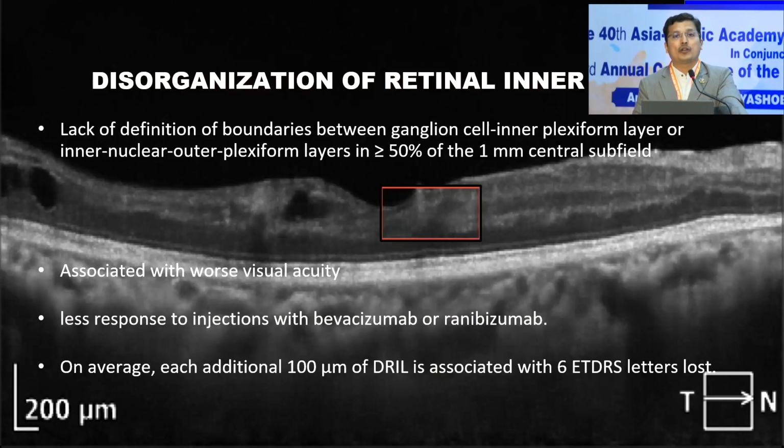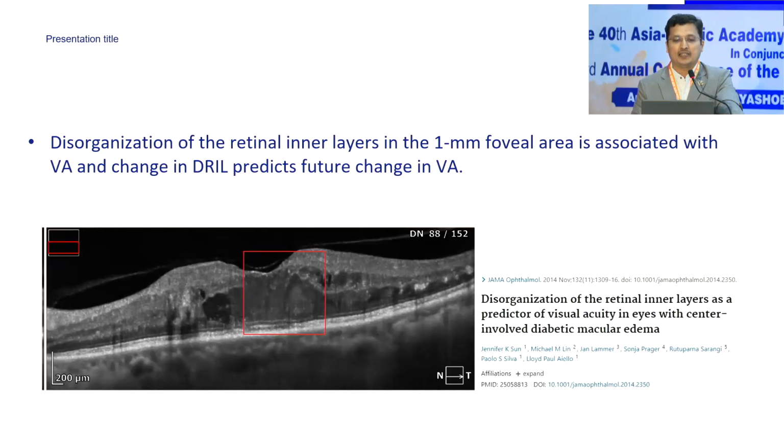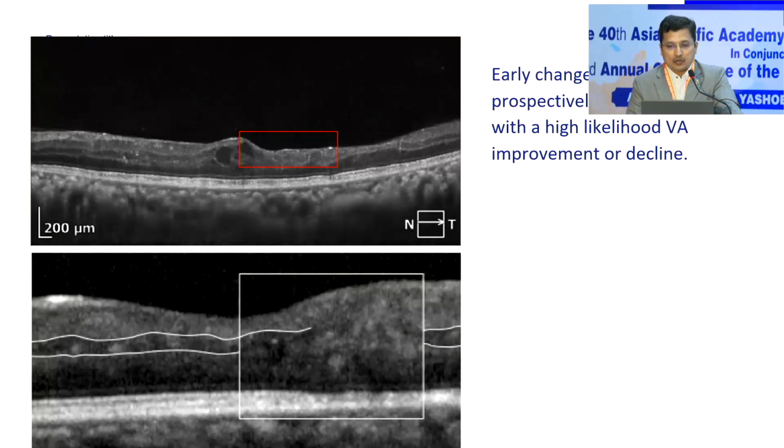Why is DRIL important? Because there is a lesser response to anti-VEGF. Once you find a DRIL of more than 100 microns at the fovea, it is said to drop the visual acuity by a minimum of 6 ETDRS letters. So DRIL is a very important indicator that predicts the likelihood of improvement or decline.